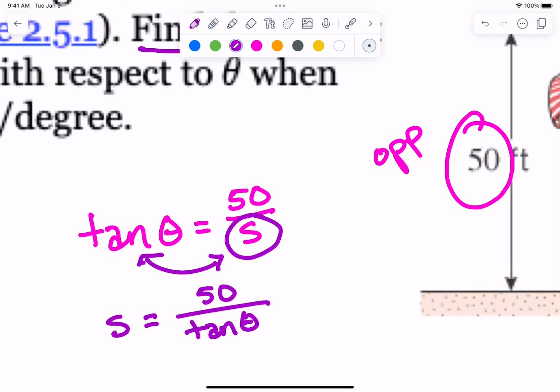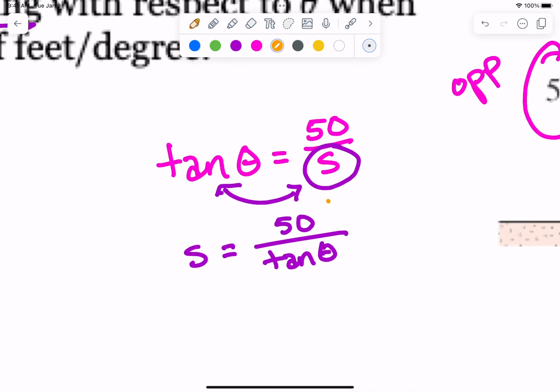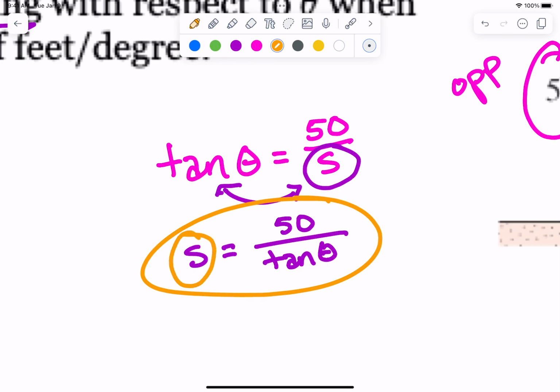We're solving for the rate of change. We know that the derivative stands for the instantaneous rate of change. Rate of change means derivative. So I'm trying to find the derivative of this, and then I can plug in 45, and that will give me the rate at which the shadow is changing.